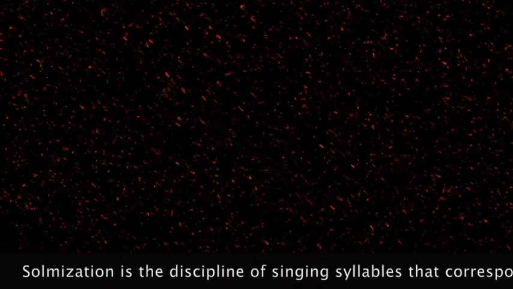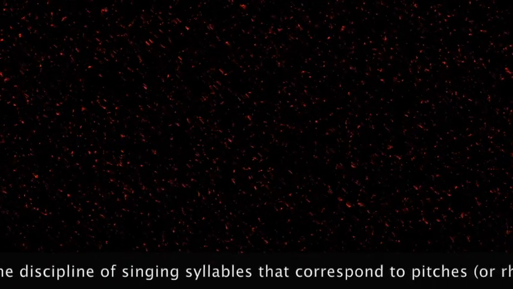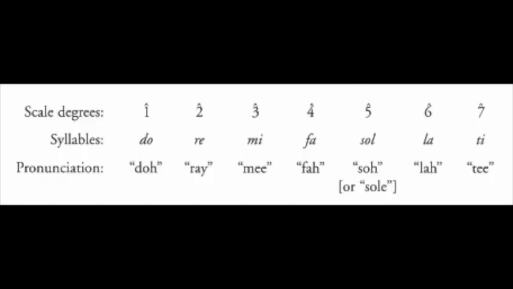Solmization. In addition to using numbers to label the scale degrees, musicians also use syllables. The practice of singing syllables for different pitches is a traditional one that goes back at least 1,000 years. It's called solmization. Here are the scale degrees, shown with the numbers, the corresponding syllables, and their pronunciation.